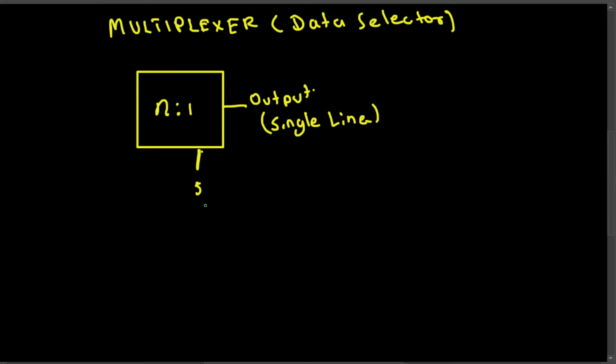Let's say we have select lines S0 up to Sn-1. That's the maximum number of select lines we are going to have.